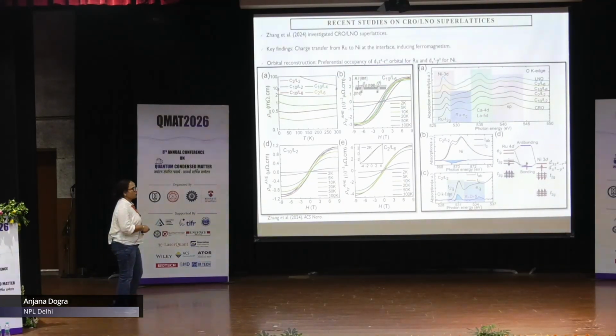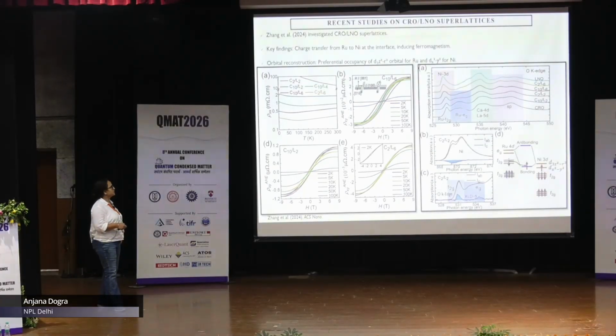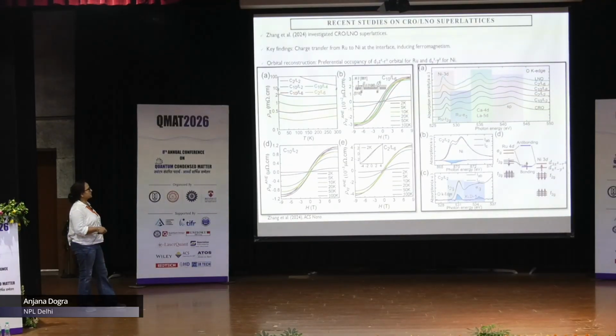However, when they move to the anomalous Hall effect measurement, you can see this Hall bar they have generated. So, they could see a good hysteresis at various temperatures. Okay. So, the size of this hysteresis changes with temperature.